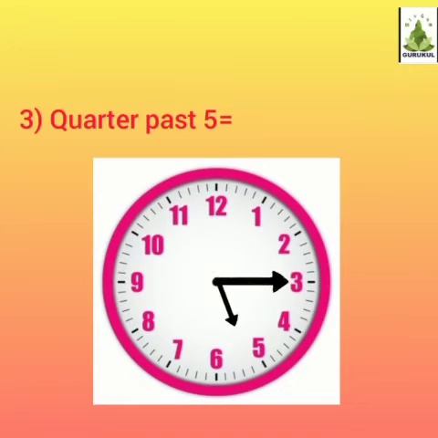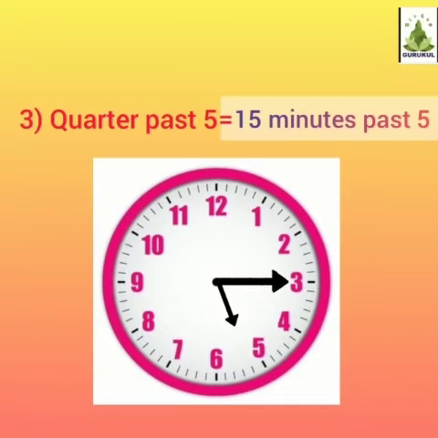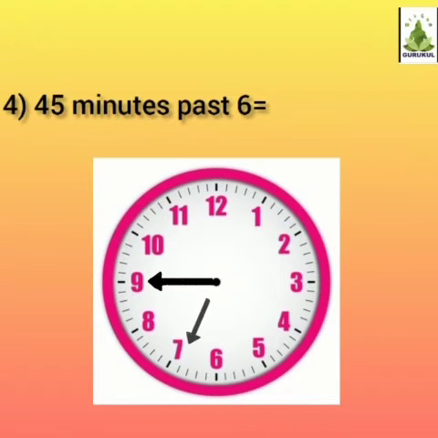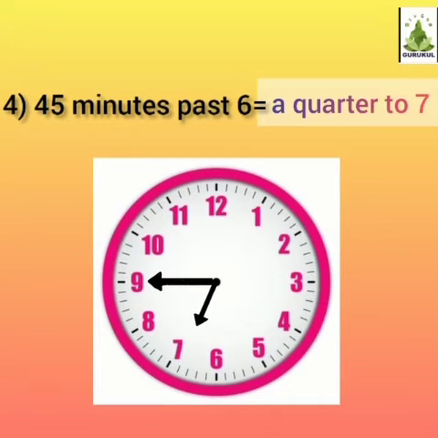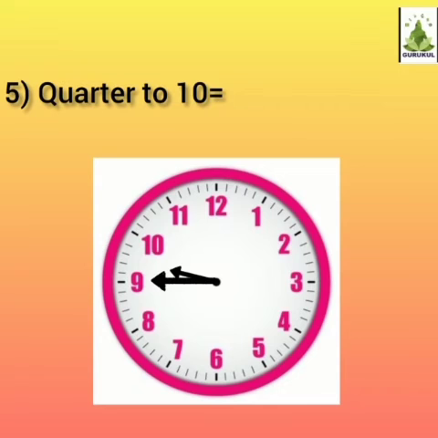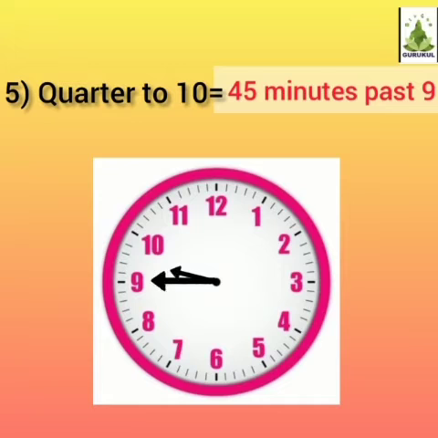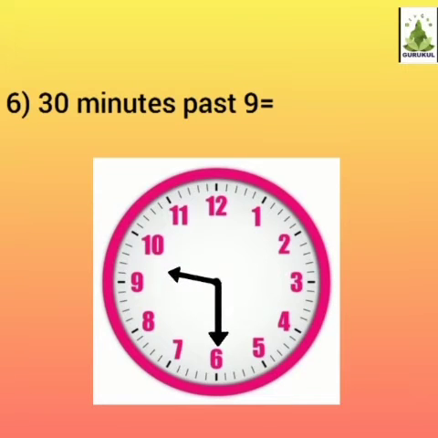Third, quarter past 5 means 15 minutes past 5. 45 minutes past 6 means a quarter to 7. Quarter to 10 is equal to 45 minutes past 9. 30 minutes past 9 means half past 9.